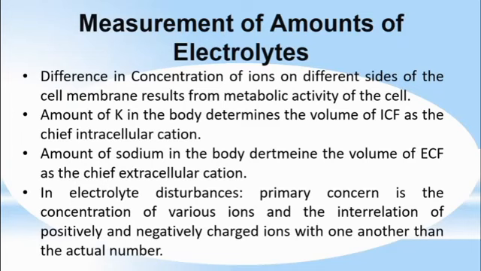The amount of potassium in the body determines the volume of intracellular fluid as the chief intracellular cation, while the amount of sodium in the body determines the volume of extracellular fluid as the chief extracellular cation.